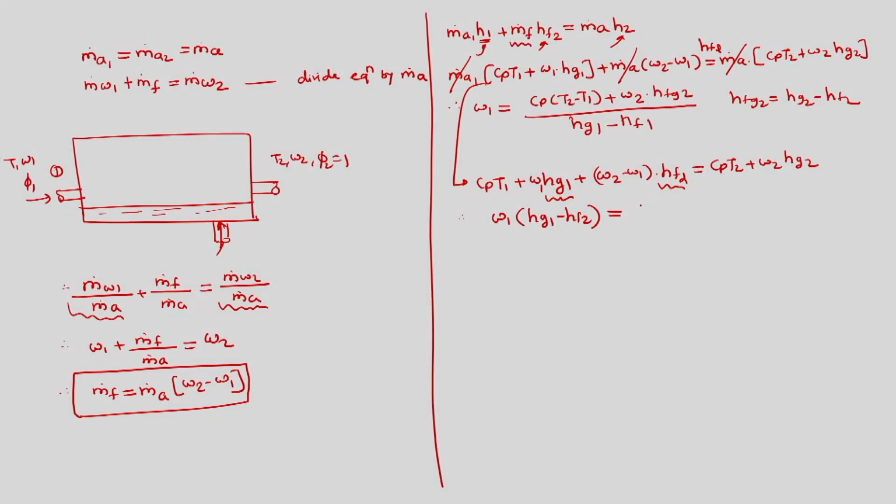This will be equal to Cp into T2 minus T1. So we have accounted this and this, plus omega 2 into Hg2 minus Hf2. So this term is also accounted.